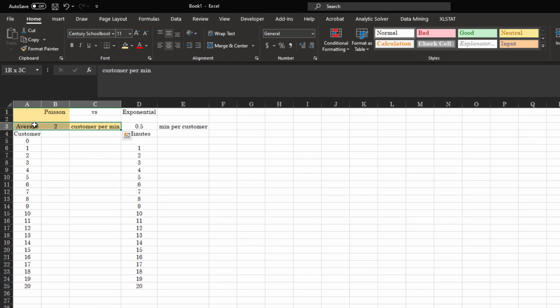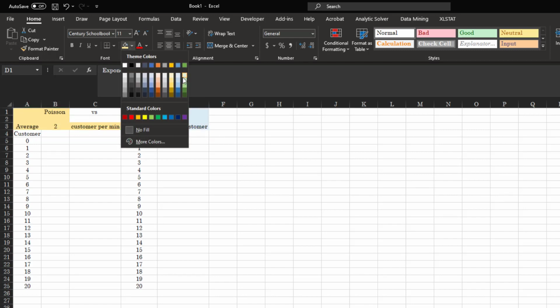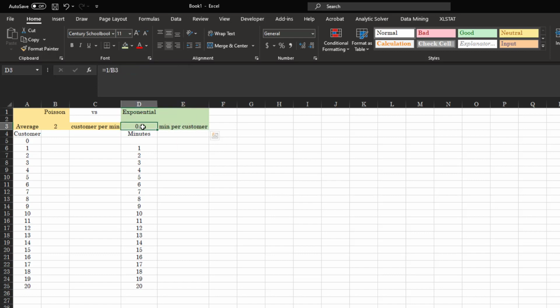So sometimes you could have 4, sometimes you could have 0, but when you average them out, you end up with 2. Now the same average of 2 customers per minute under exponential distribution will come out to be 0.5, which is essentially 1 divided by 2. It's every half a minute you're getting a customer on average. So see the difference between this and this.